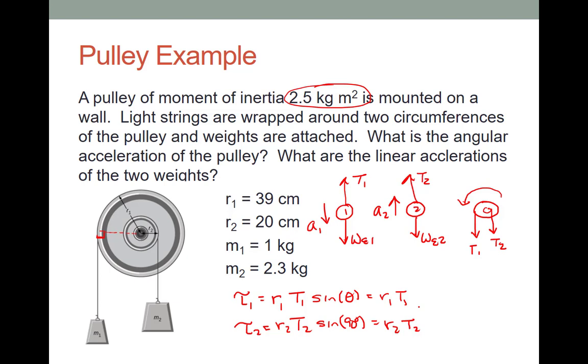Using the right-hand rule, torque 1 is going to be out of the page at me and torque 2 will be in. To keep everything consistent, I'm going to let torque 1 be positive and torque 2 be negative.